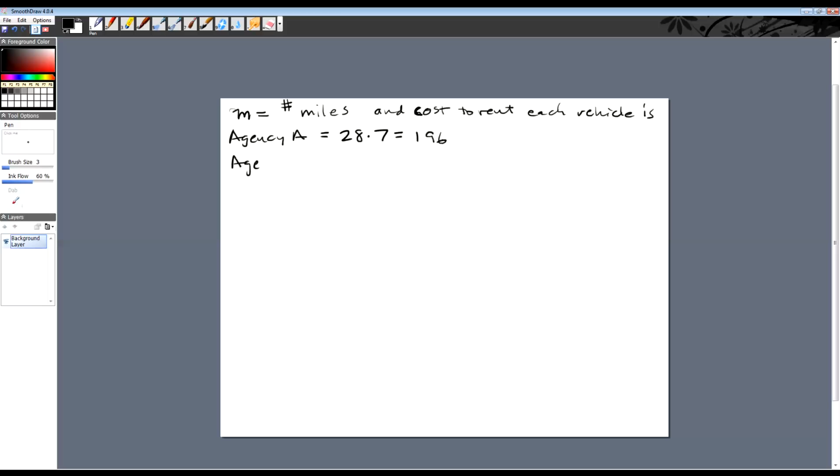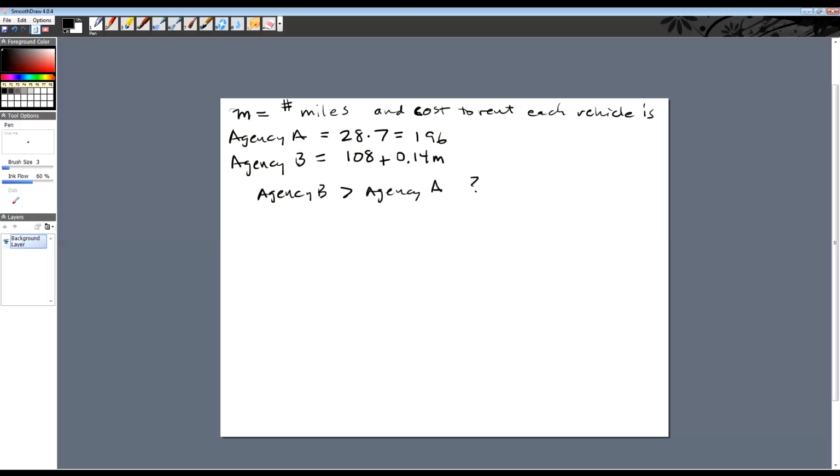And Agency B is equal to 108 per week for the week, plus 14 cents a mile, 0.14 times M. So to determine the number of miles at which the price to rent from Agency B would exceed the price to rent from Agency A, we have to look at an inequality. At what point is Agency B going to be greater than Agency A?